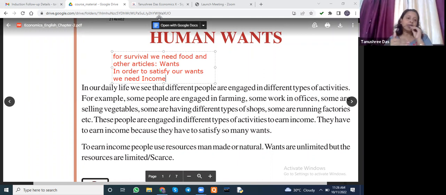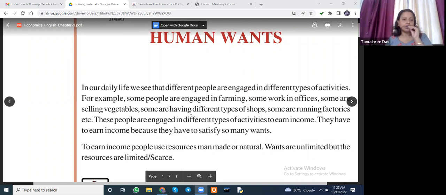Wants will be referred as the demand which we are making, and income will be referred as resources to satisfy those demands. It can be either by us, it can be either by anybody. Means whosoever has their want, they must have the income to satisfy those wants. So all these things we are going to read in this particular chapter.